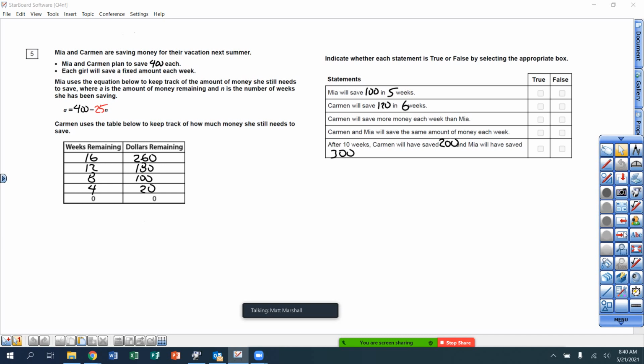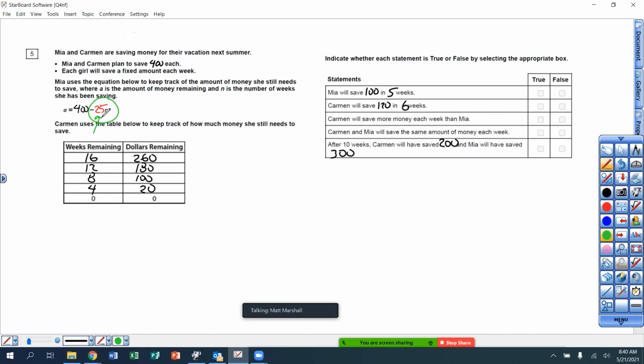On test day, on this one, don't be freaked out by all these words. I know when people see these words, they're like, oh, this problem's too hard, I just give up. But don't give up, because look, all you need for this problem right here is this key number, because that represents the rate of change for Mia.